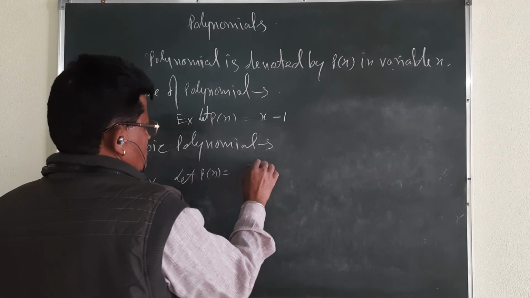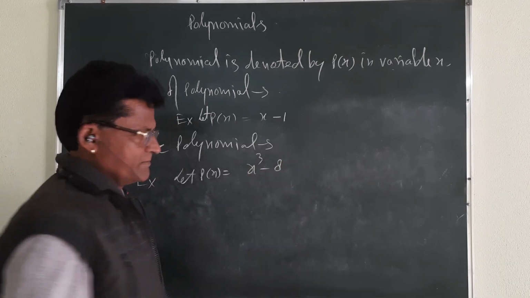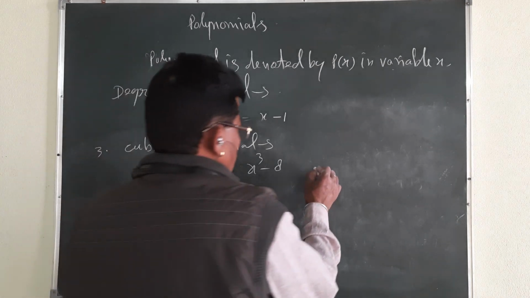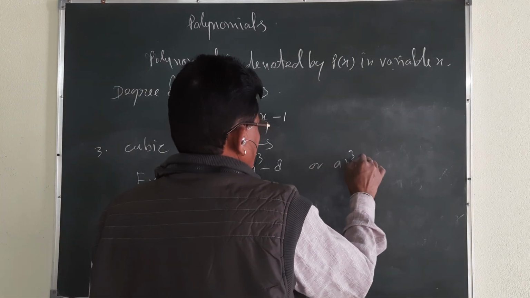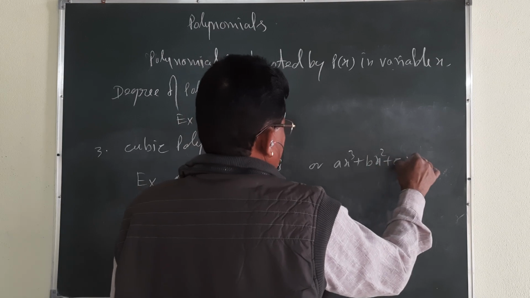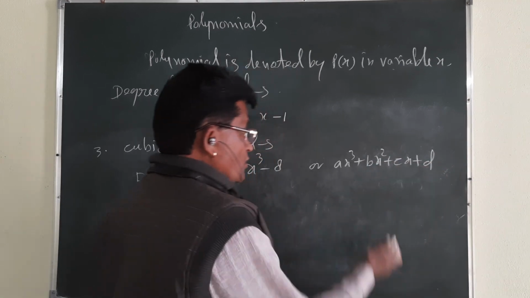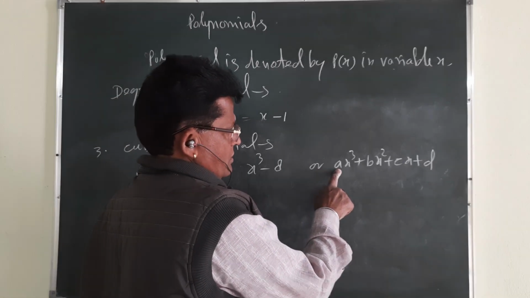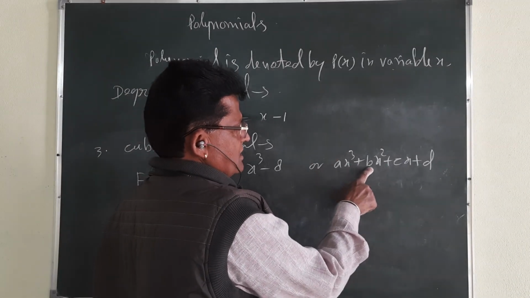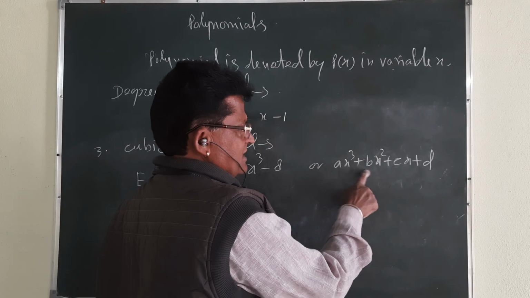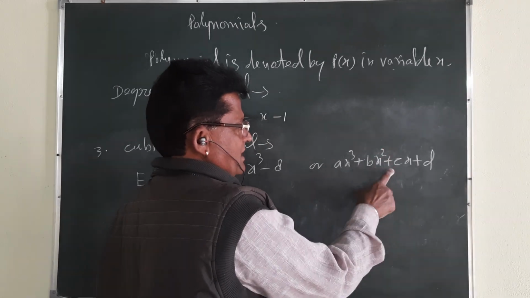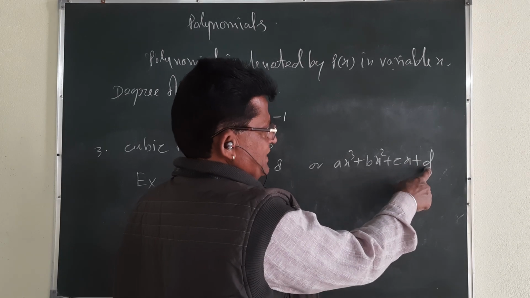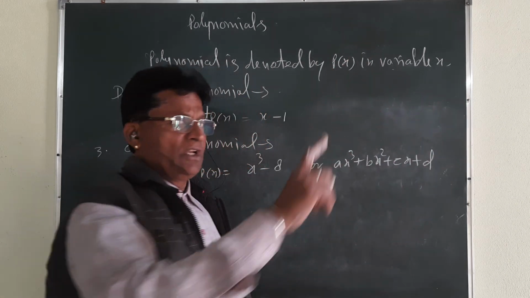Let me take x to the power 3 minus a. Not only this, you can also take it in the form ax cube plus bx square plus cx plus d. For example, 2x to the power 3 minus 3x square plus 5x plus 1. That will be the polynomial.